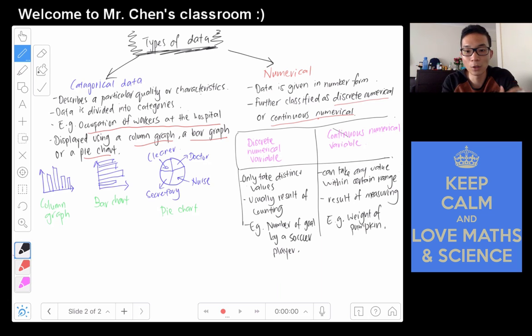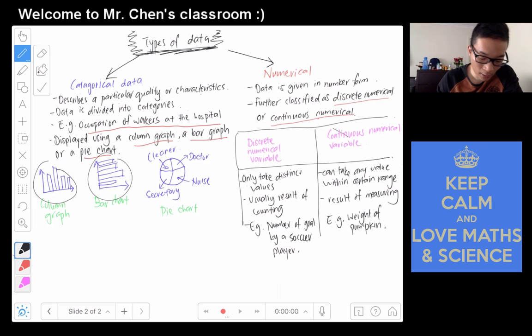So those are the data that has category and characteristics. There are not actually numbers involved. Numbers involved would be, let's say, how many doctors are there at the hospital. The categorical data will be the type of occupation at hospital. So you're gonna present them in column or bar or pie chart.